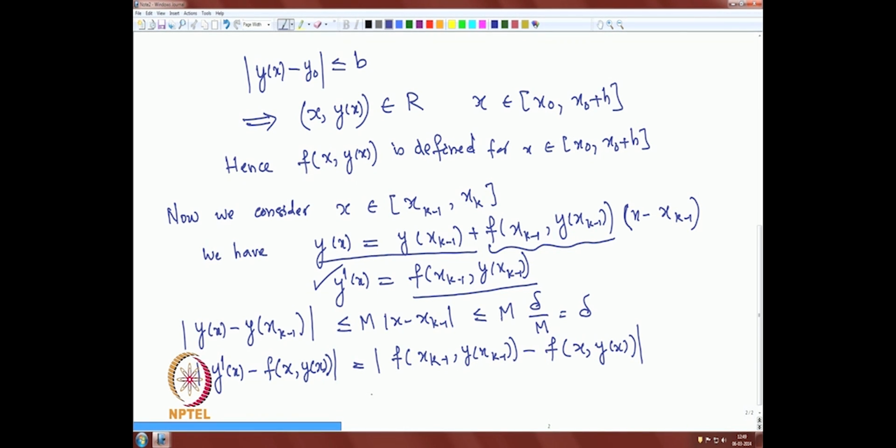And from the uniform continuity of f, we have seen that this is less than or equal to epsilon.